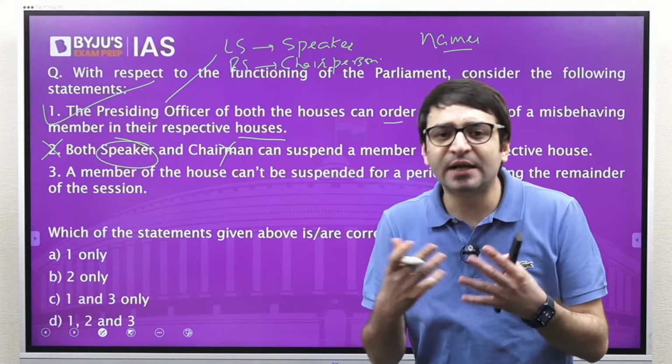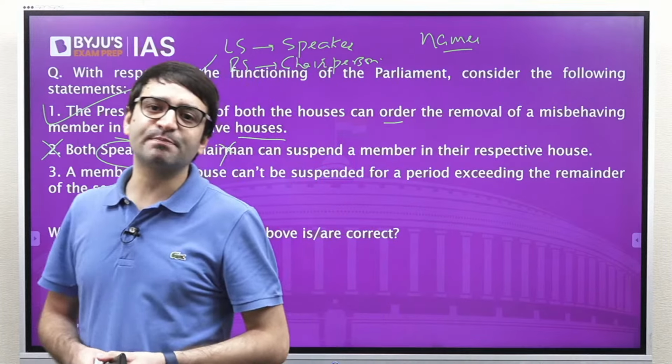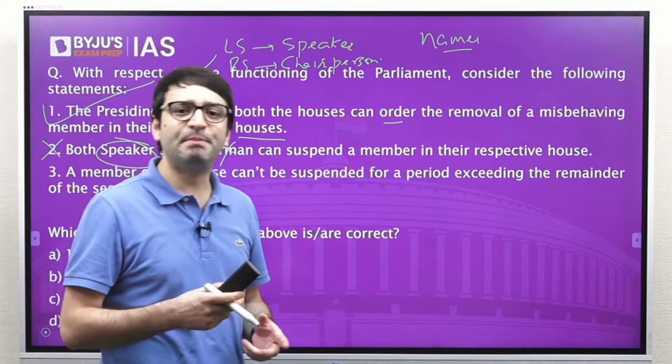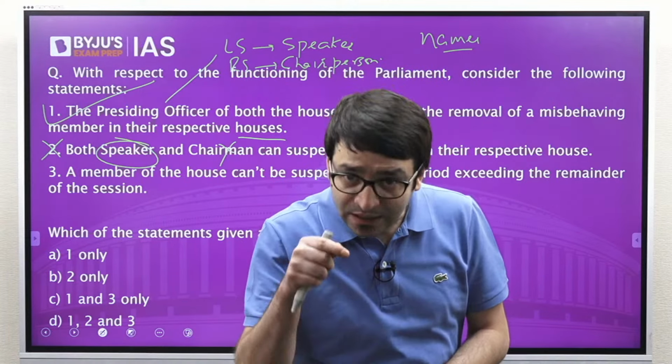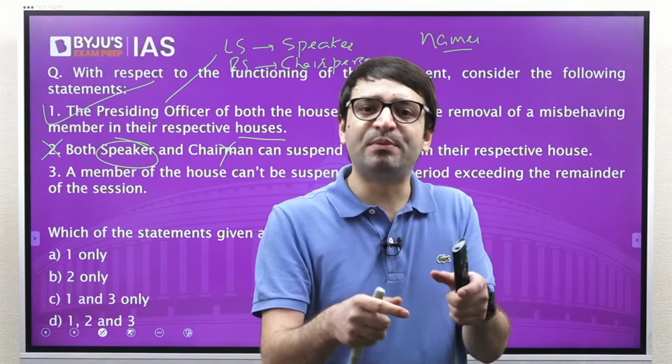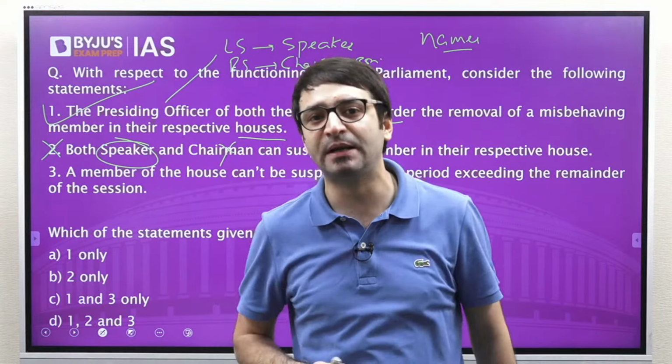But then how are the MPs in Rajya Sabha suspended? MPs in Lok Sabha are suspended by the speaker. MPs in Rajya Sabha are suspended by the resolution passed by the Rajya Sabha. So Rajya Sabha MPs will have to pass a resolution by simple majority, and then MPs will be suspended.